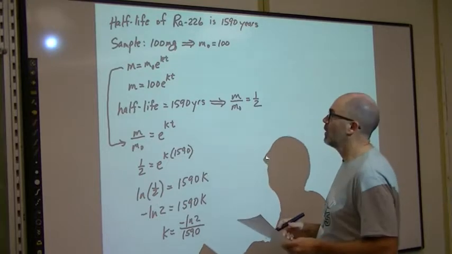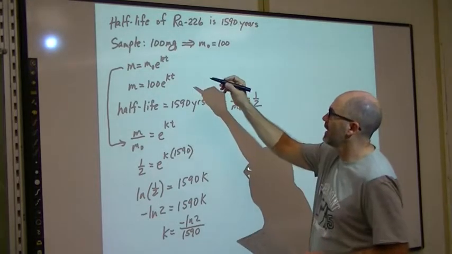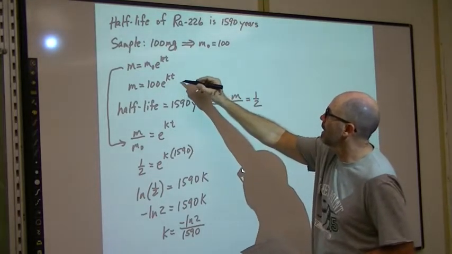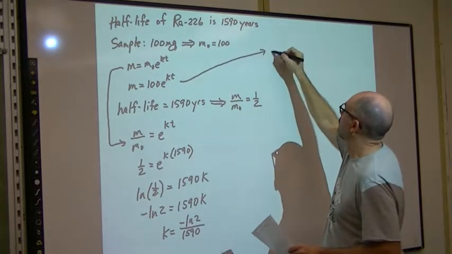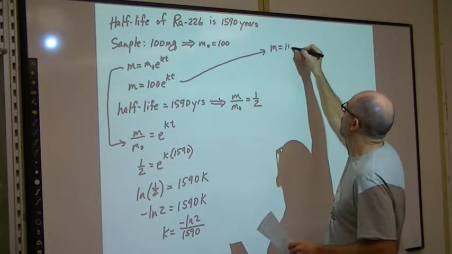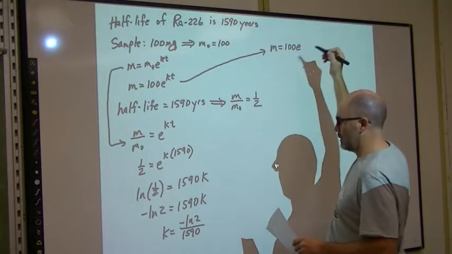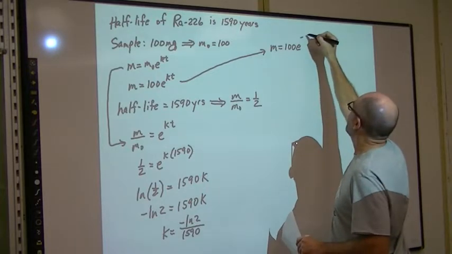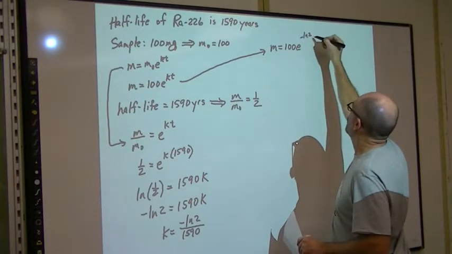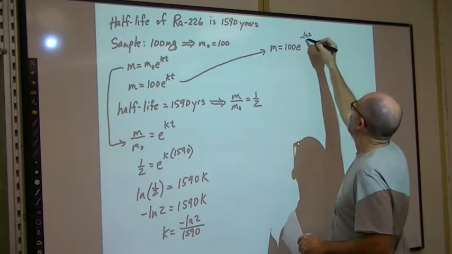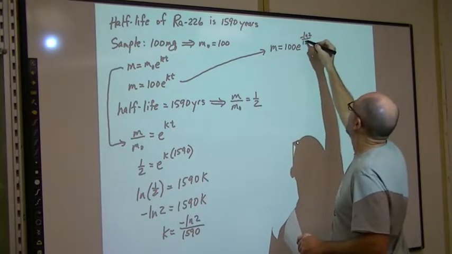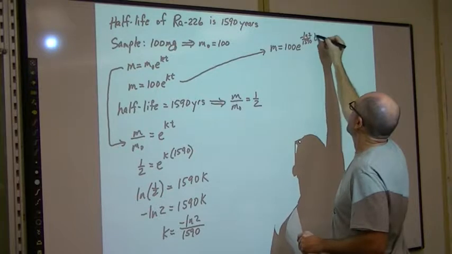Okay, so what I have then is M equals 100 e to the negative natural log 2 over 1590 t.